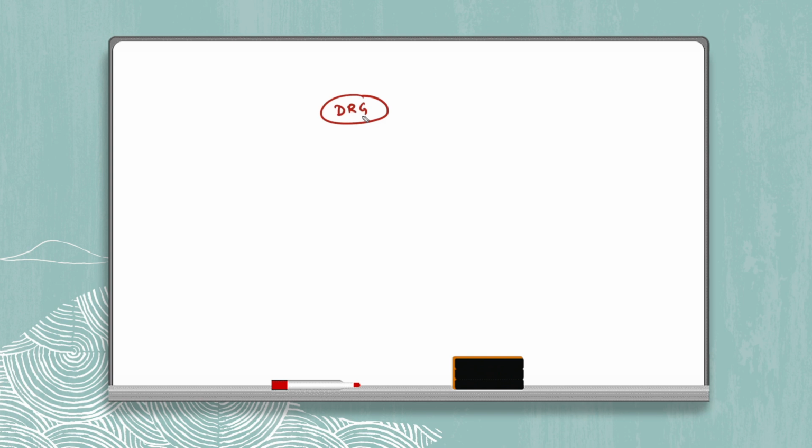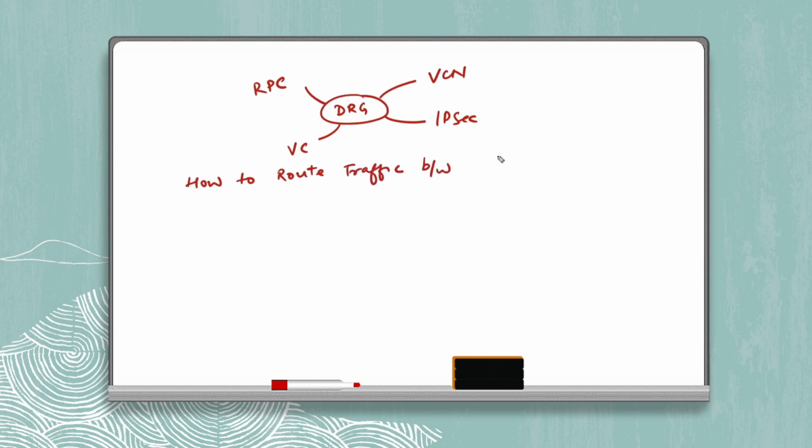We can have different types of attachments to a DRG. For example, virtual cloud network attachments, IPsec attachments, virtual circuit attachments, remote peering connection attachments. We also have loopback attachments. Now the scenario is we would like to route traffic between the attachments. How to route traffic between attachments?